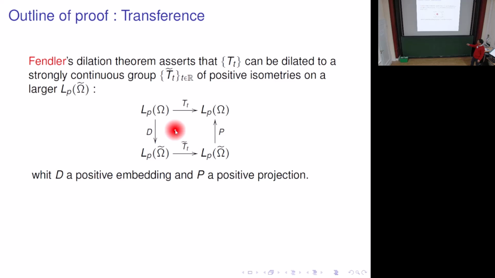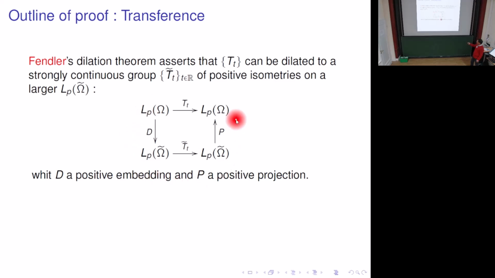This semigroup can be dilated to a group, which is a group of positive isometries on a larger L^p space, you see this T_t theta. Here J is the embedding, so we have L^p(Omega) as a subspace of L^p(Omega theta), and P is just the conditional expectation, so the projection is something like a conditional expectation.